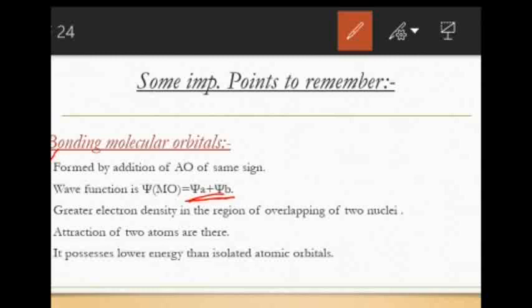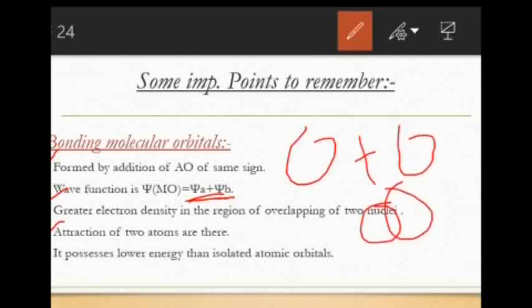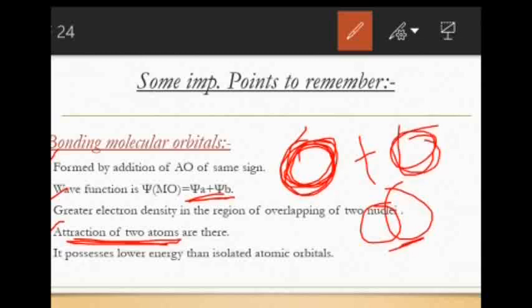Greater electron density in this region of overlapping of two nuclei, attraction of two atoms is there because two atoms are combined and they overlap each other. That's why we can say that there is attraction of two atoms, and it possesses lower energy than isolated atoms. इनकी energy घट होगी.